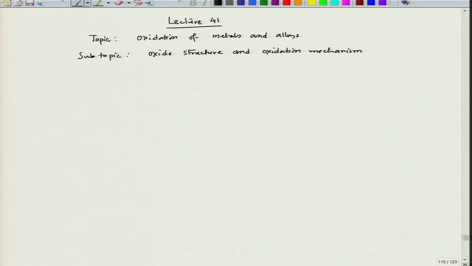In the last lecture, we ended our discussion on the structure analysis of zinc oxide, and we saw that there could be two types of oxides, one is p type or n type, and out of p type there could be two situations. One situation could be a metal deficient oxide or oxygen excess oxide. In case of n type, either it could be metal excess oxide or oxygen deficient oxide.